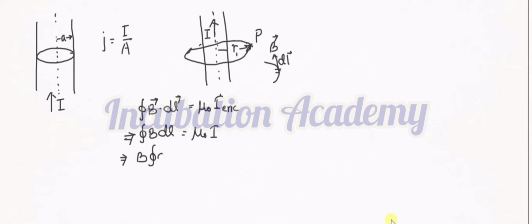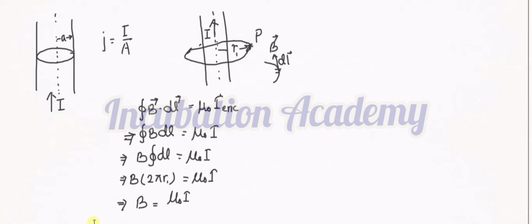So B times cyclic integral dl is equal to mu naught I. Now dl is the elemental length of the Amperian loop of radius r1, so if I integrate it, it will be 2 pi r1. So B multiplied by 2 pi r1 equals mu naught into I. So B is equal to mu naught into I divided by 2 pi r1.